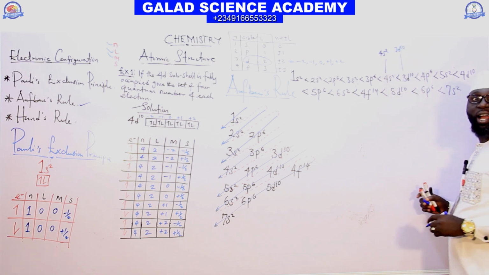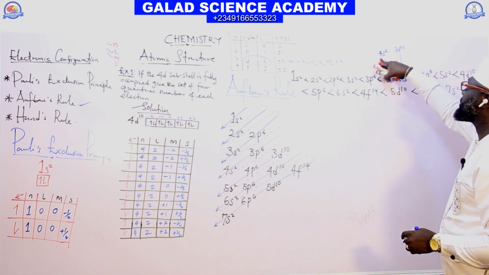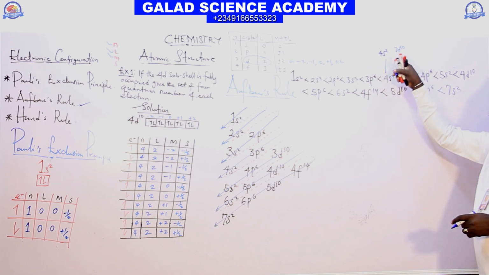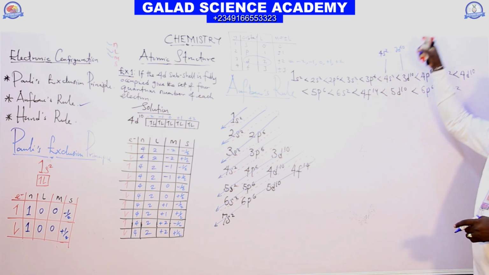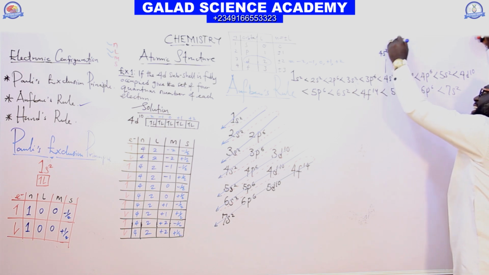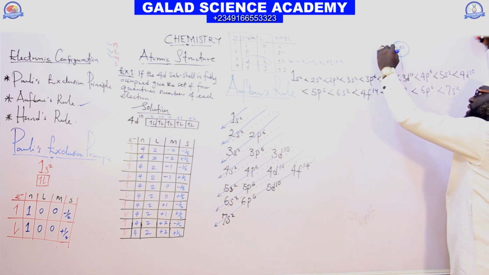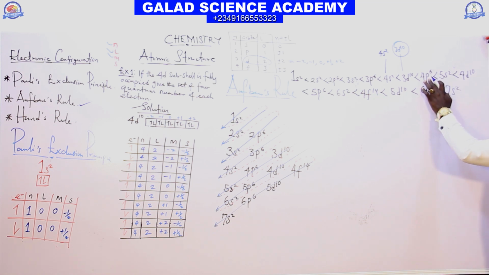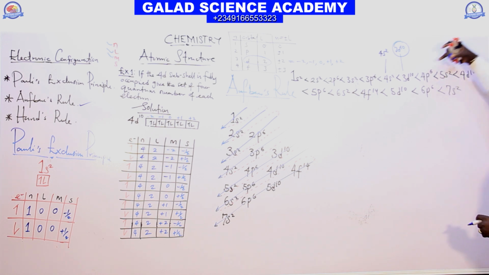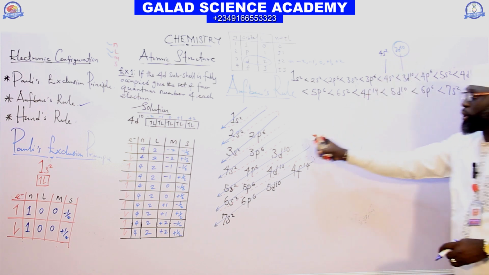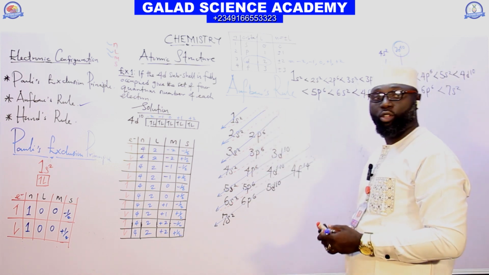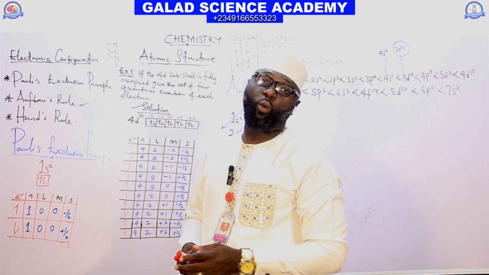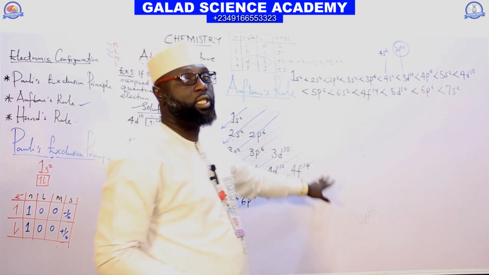In terms of number, you would expect 4s2 to be higher than 3d10, but it is not. This 3d10 is more energetic than 4s. The same thing happens to 4p and 5s. So we must follow this order. Let us solve two or more questions on this.